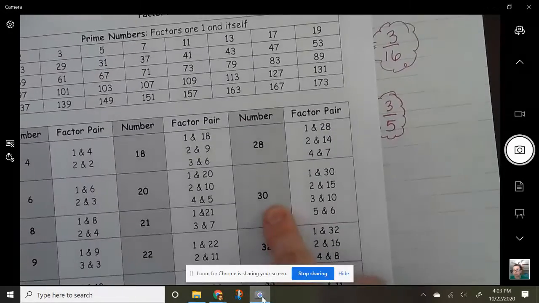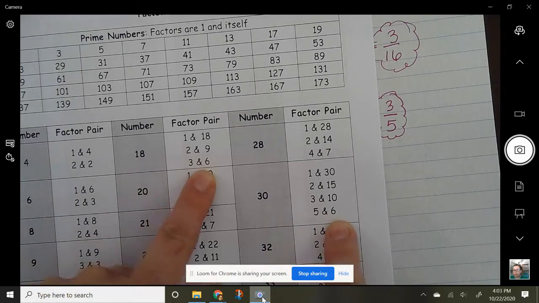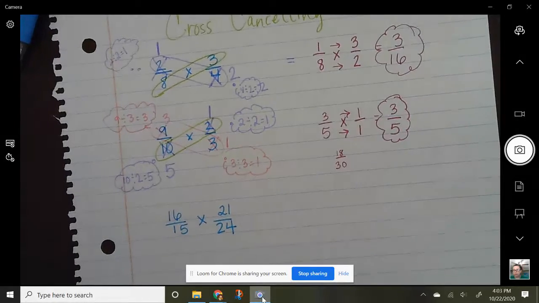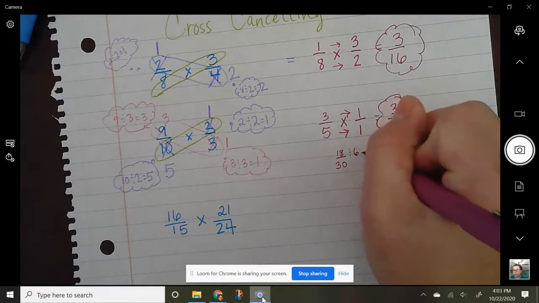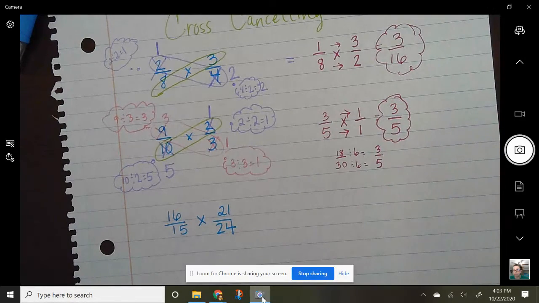So I'm having to divide by something bigger. It looks like my greatest common factor would have been a 6. Yep, divide them both by 6. So this is another way you can do it. And I would get 3/5. So cross-canceling just makes them smaller to begin with.